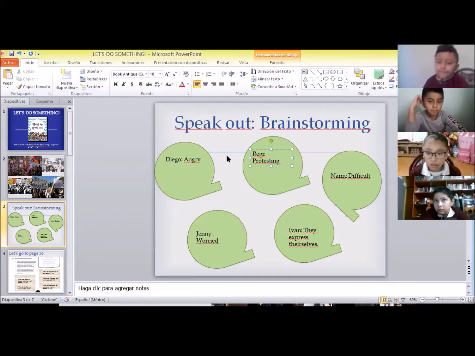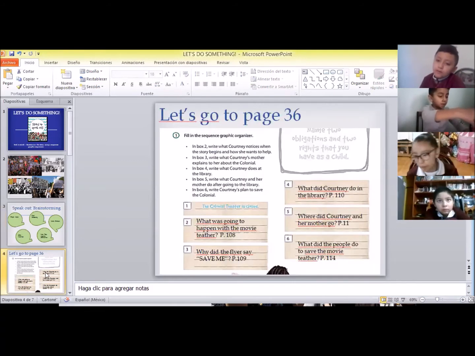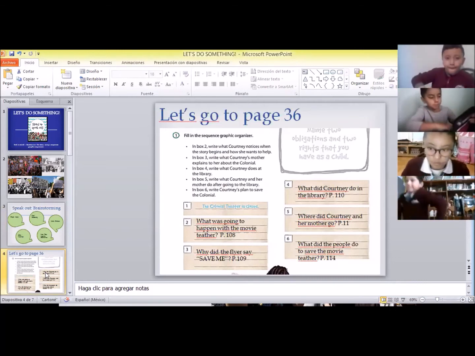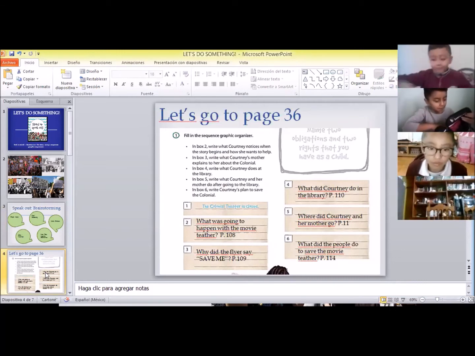So as we remember now the speak outs, we're going to continue checking the speak out that we have in our awesome reader. Can you go please to your learning log on page 36, please? Learning log page 36 and the exercise 1.